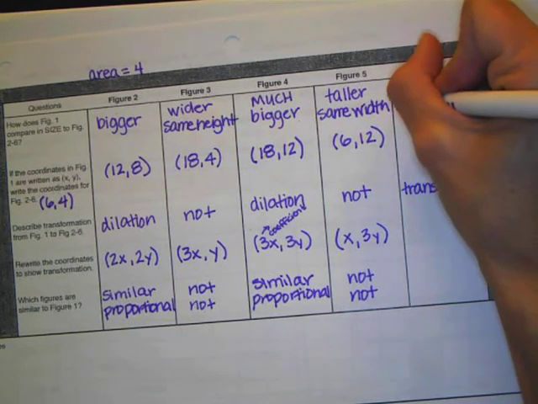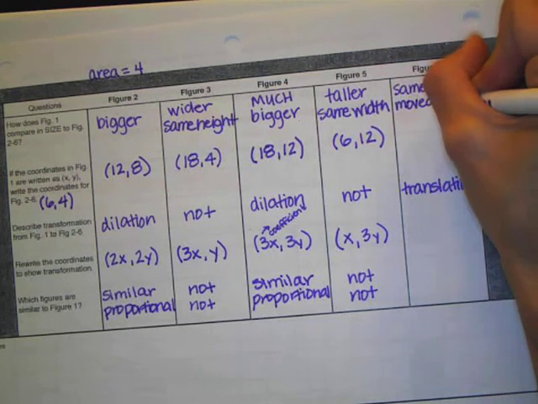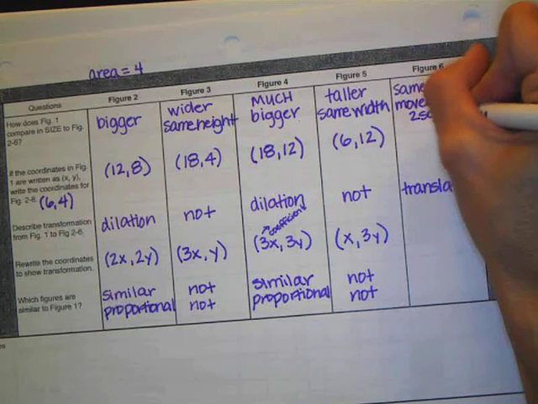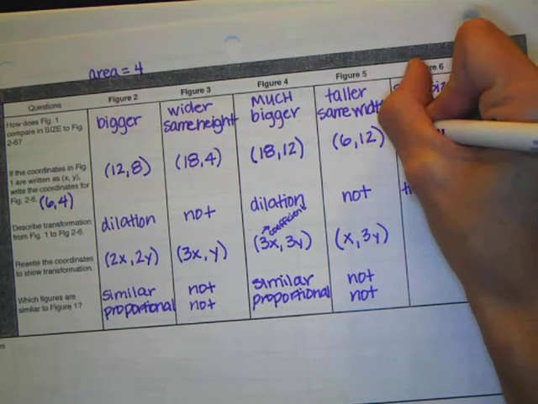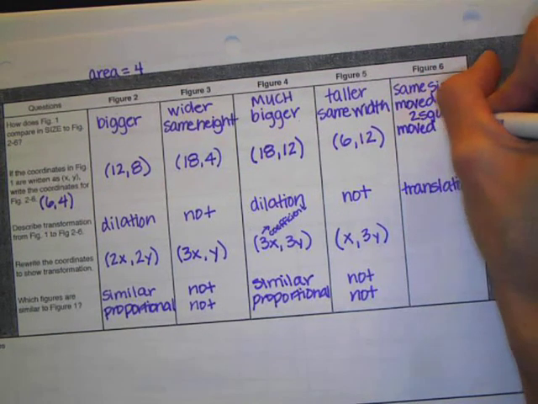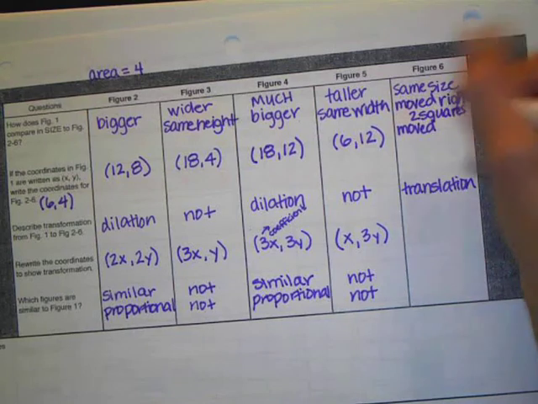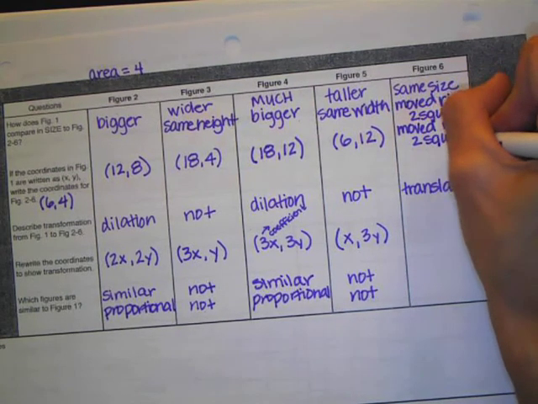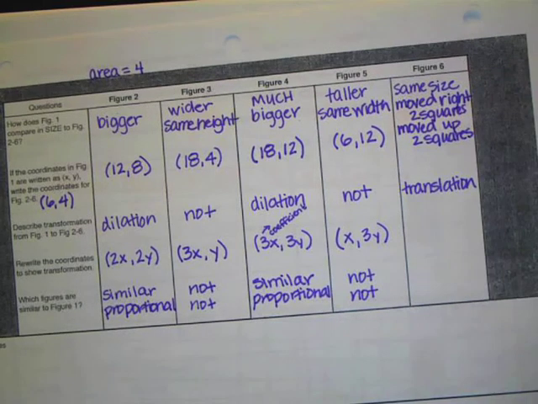Each one went 2 squares. Moved right 2 squares and up 2 squares.